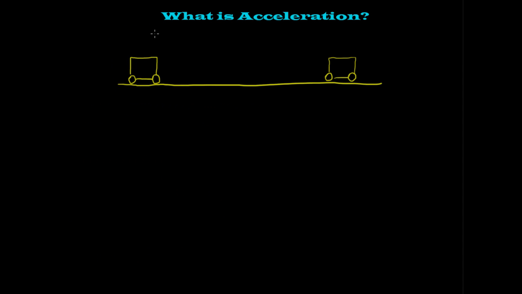So, what is acceleration? Consider you're driving to work, and it's a straight line. You're starting off at 0 miles per hour. You start your car, you hit the pedal to accelerate, and you accelerate up to 100 miles per hour.